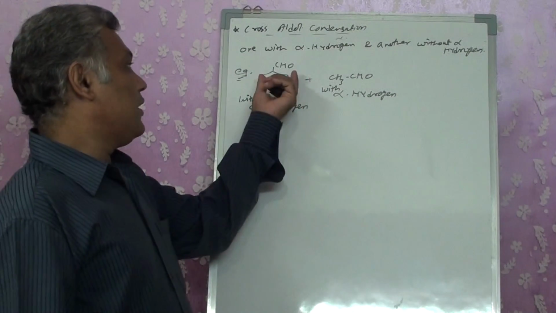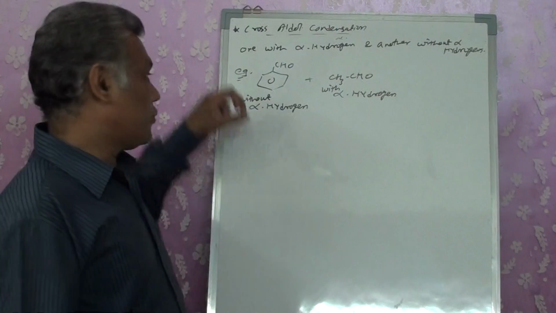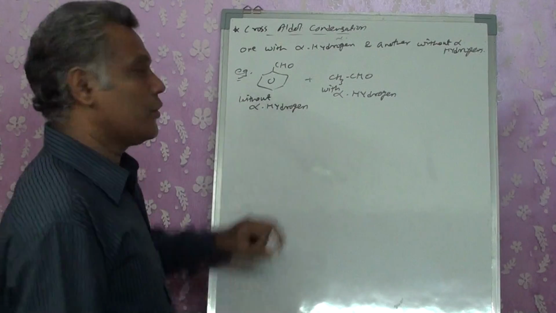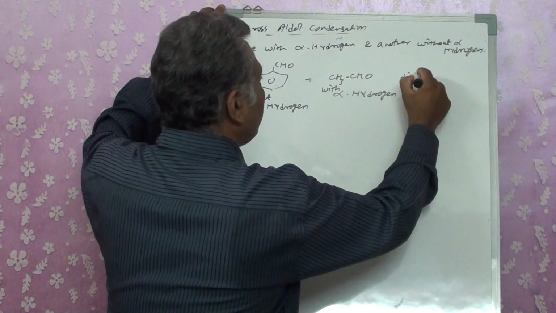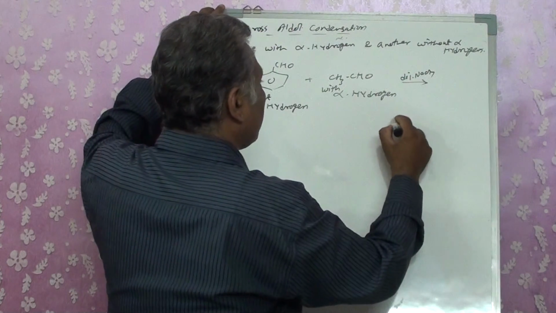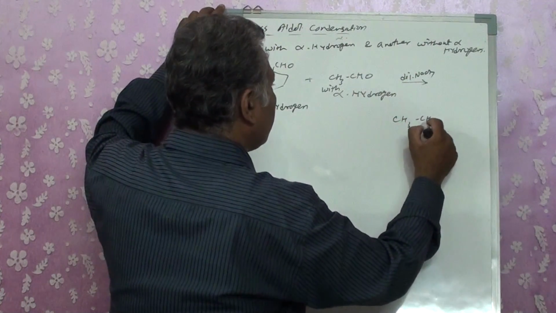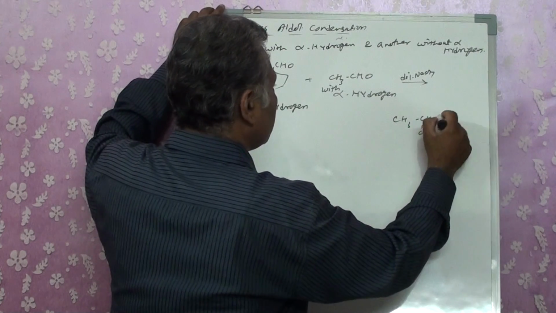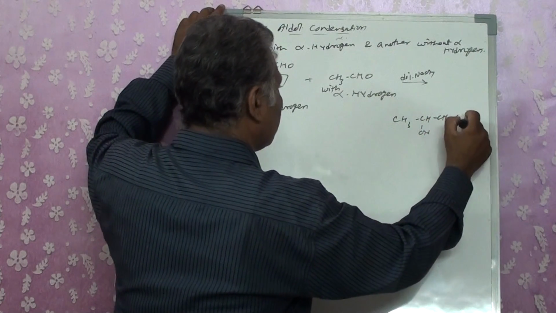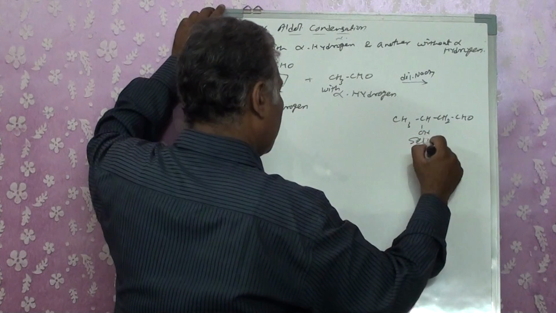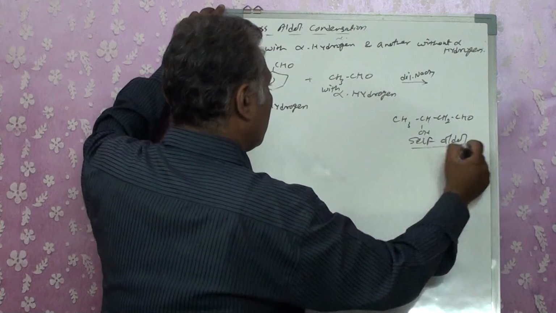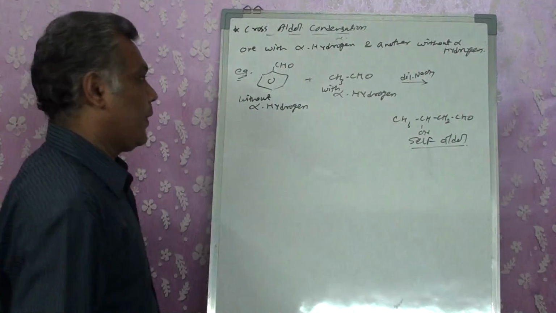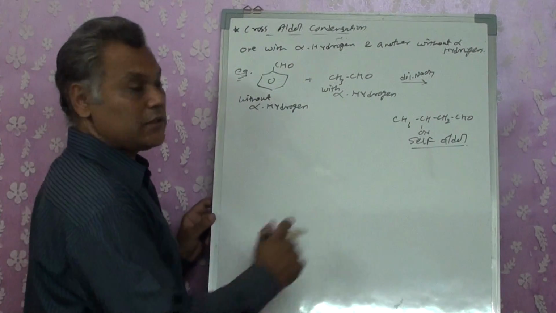So see, this cannot give me an aldol compound, so the self product is not going to be produced. With dilute NaOH, we will get CH3CHOHCH2CHO, the self aldol. Only one of it. This cannot give me the self aldol.